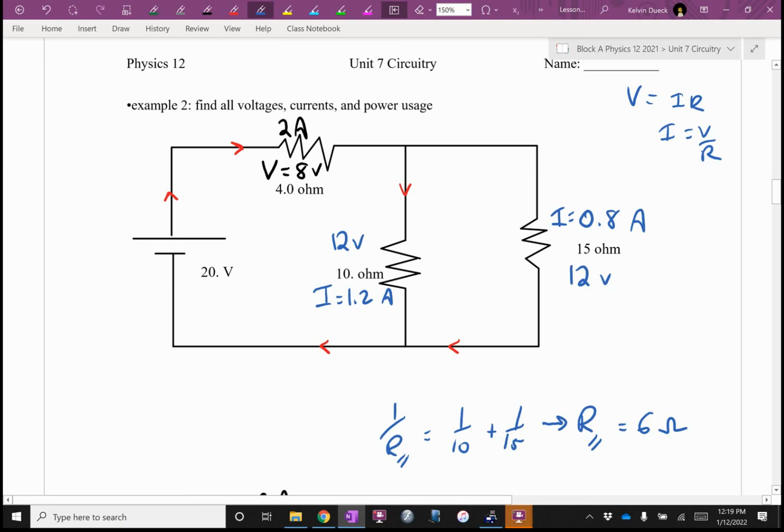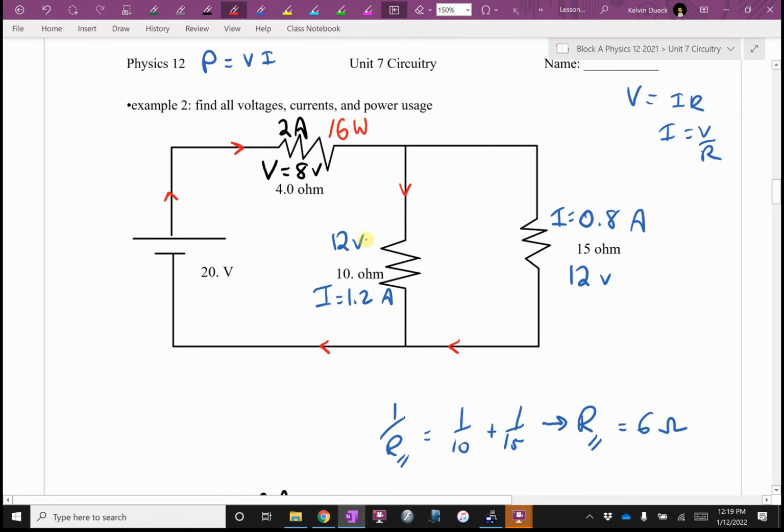Are we done? Let's see. They said find all voltages. Have we? Find all currents. Have we? Oh, power usage. Well, power equals V times I. So I guess in this top one here, how many watts? 16 watts.